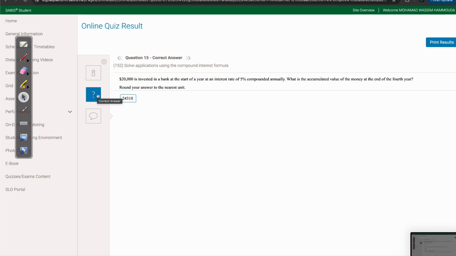20,000 is invested in a bank at the start. Compound interest is equal to the initial value I multiplied by 1 plus interest rate, so I'll just write it as a percentage, this entire bracket to the power of the number of years, y.